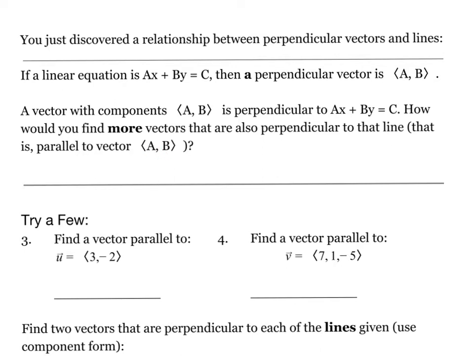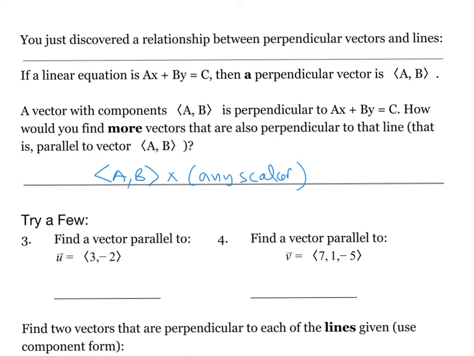One way you can do that is to take your original vector AB and multiply it by any scalar. And a scalar, if you remember, is just a number. So if we had a vector 3, comma 5, those are its components, you could find a parallel vector by taking 3, comma 5 and multiplying those numbers by any single number.